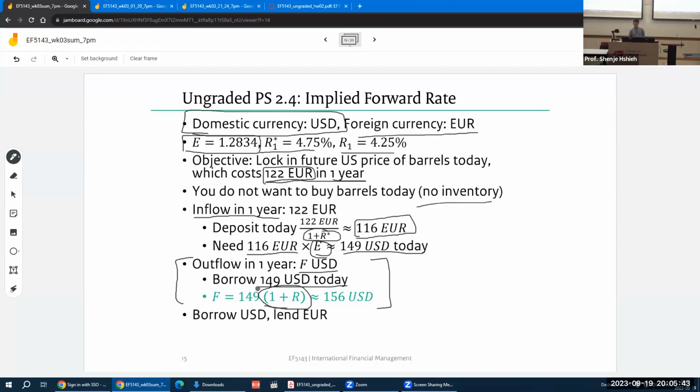So therefore, our price is just 149 times 1 plus R, right? That is our future price. So that's 156.